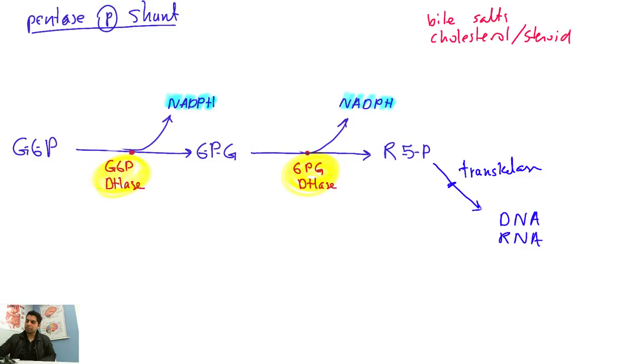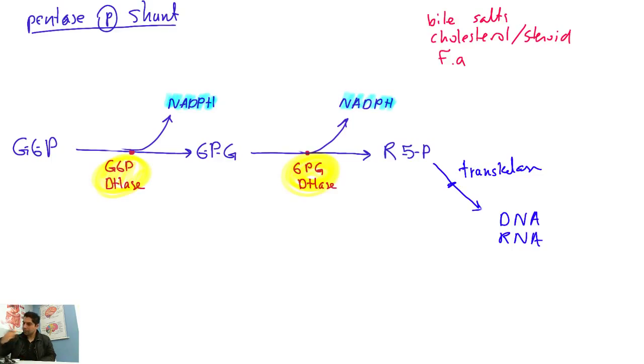Fatty acid synthesis. Vitamin D, steroid, cholesterol, same thing. Soon, I think Friday, you will learn about lipids, that the source of vitamin D, bile salts, and steroid hormones is cholesterol. All these reactions, conjugation of bilirubin and so on, require a lot of energy. Even DNA synthesis requires NADPH. Protection.